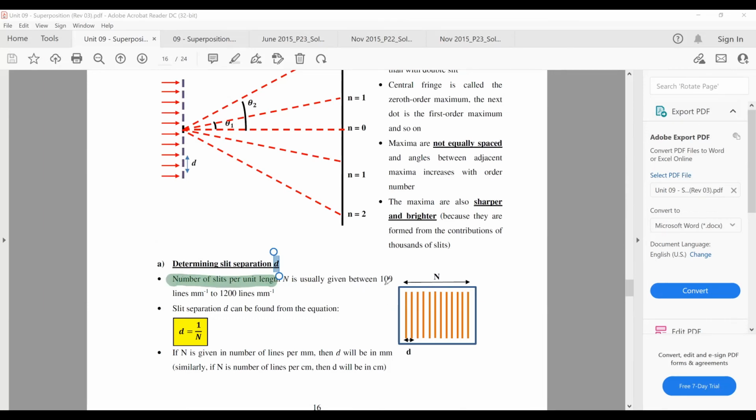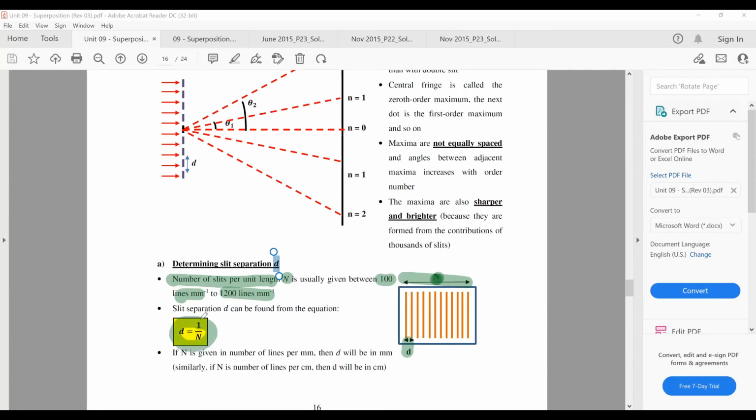Maybe they tell you the diffraction grating has 100 lines per millimeter or 1,200 lines per millimeter. That is this quantity here. It tells you how many lines there are in a certain distance. You want to find the slit separation. So the relation between the number of slits per unit length and slit separation d is given by this equation.